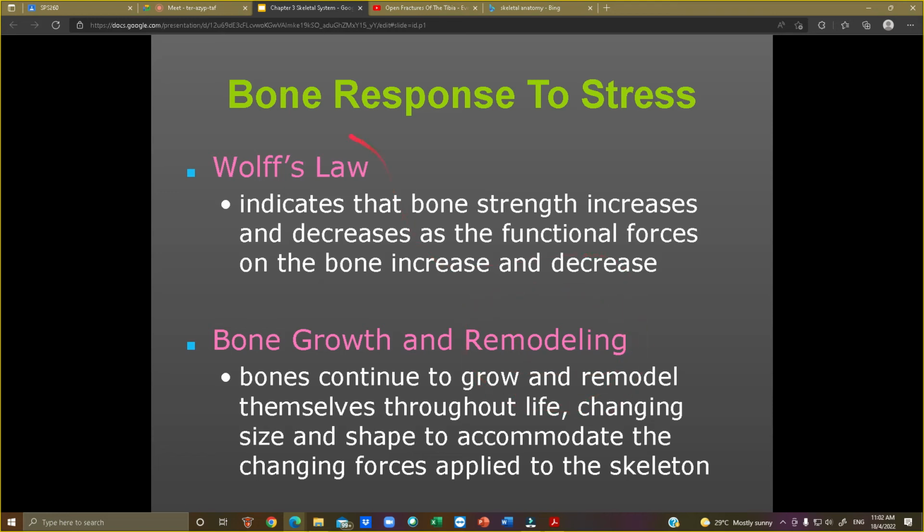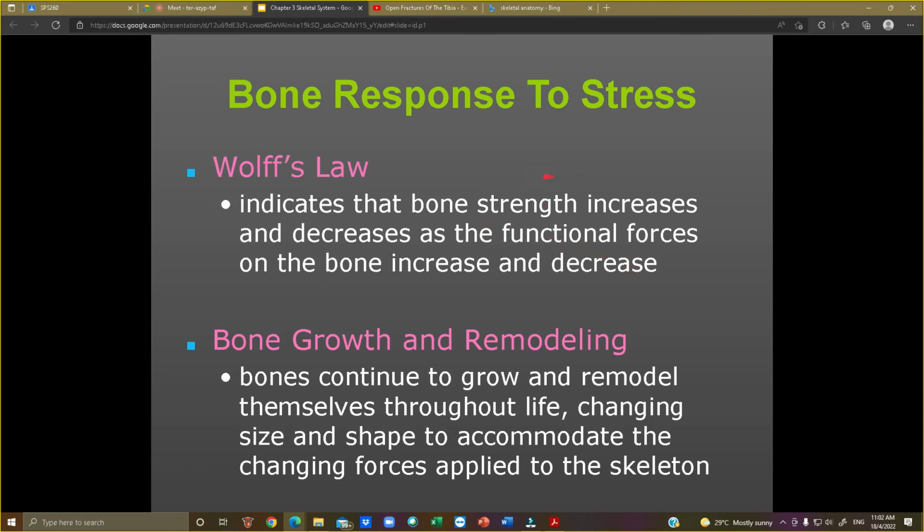Okay, because bone responds to stress, kicking all those things inflicts a great amount of force towards that particular bone, and that is the stress. And based on Wolff's law, bone strength increases and decreases as the functional force on the bone increases and decreases.